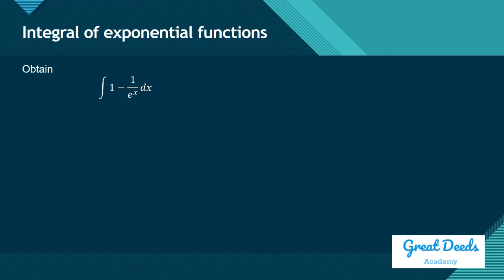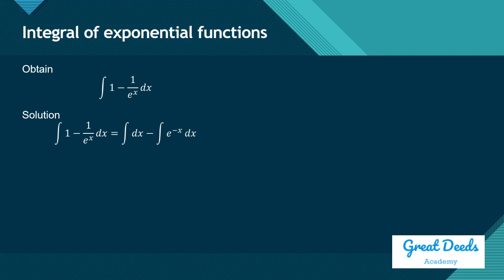Just 3 months ago, I did my comprehensive exam in my PhD. I passed it and I saw this, not in math, not in calculus, but in statistics. I think I got it right. Let us get the integral of this function. I chose this because we are going to return to this one more time when we go to definite integrals.